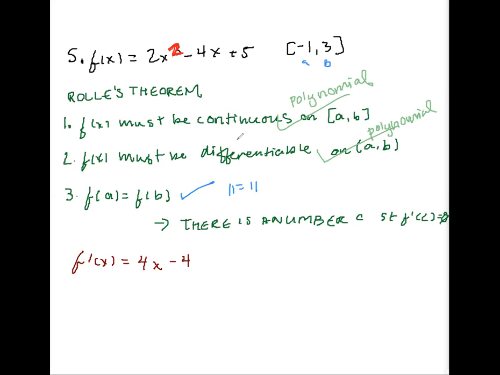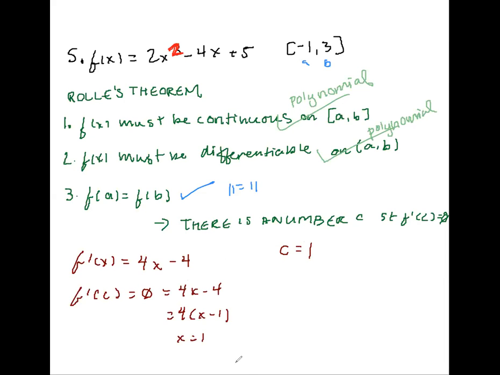And f prime of c is equal to 0, which is equal to 4x minus 4. This is going to be 4 times x minus 1. So this is equal to 0 when x is equal to 1. So c is equal to 1.